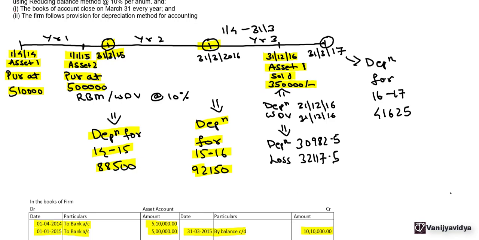So now first we will record the depreciation till the date of sale. We'll record the entry for depreciation till the date of sale. So what will be the entry on 31st December 2016? The entry will be depreciation account debit to provision for depreciation, 30,982.5.